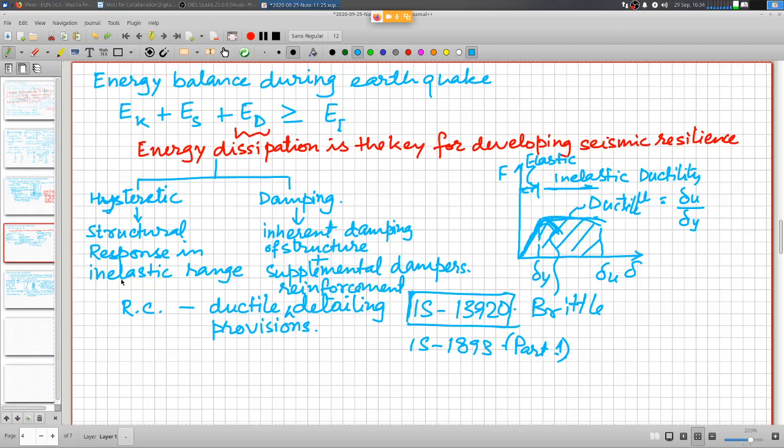So in that scenario, what we actually do is elastic design. All our design procedures are elastic, based on elastic theories. Elastic analysis is all that we do in all our structural analysis for design purposes.